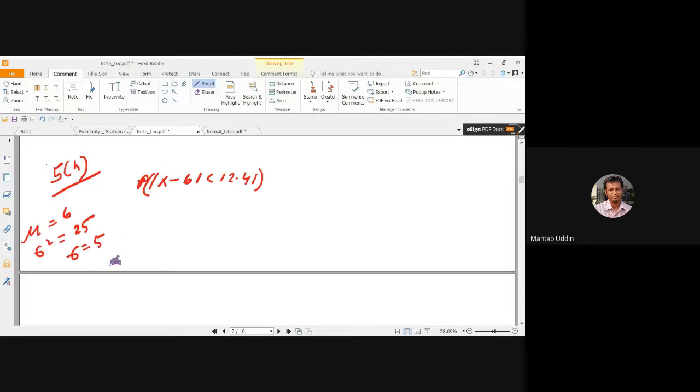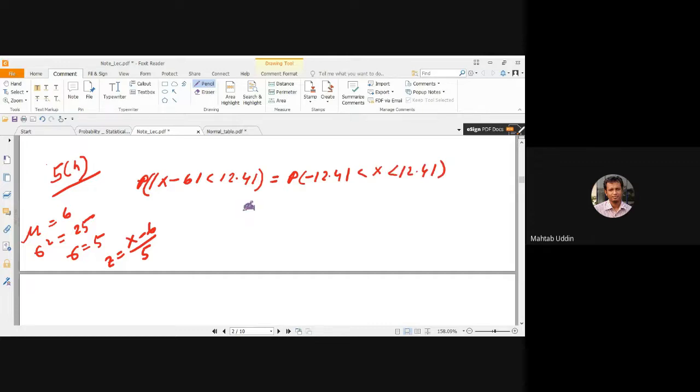So we have to convert to z. Z is x minus 6 by 5. This can be written as probability minus 12.41 less than x minus 6 less than 12.41.